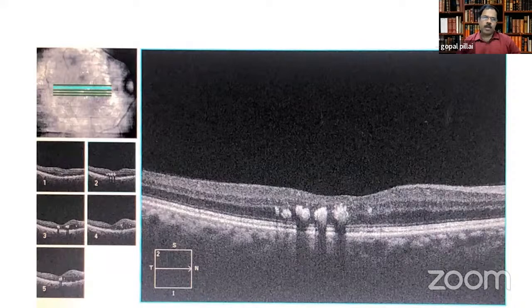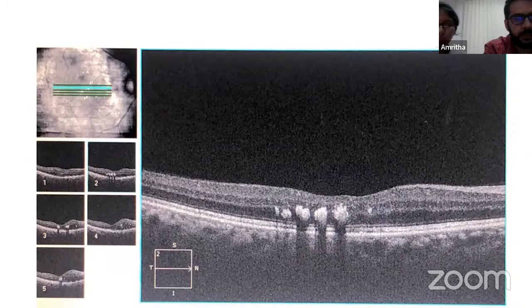Okay. These are again hard exudate clumps which are causing back shadow. Basically, this slide was put to show that hard exudates usually cast shadow and are of a bigger size, more than 50 microns. Lesser than 50 microns, in the range of 20 to 30, we talk about hyperreflective foci or dots, which are again an OCT biomarker.